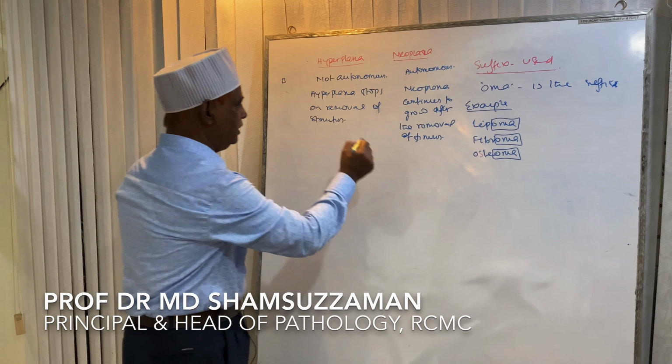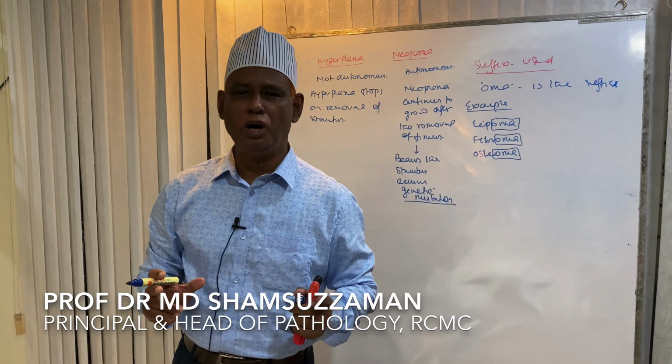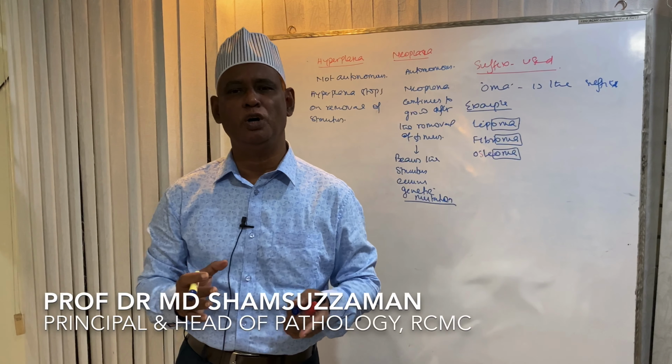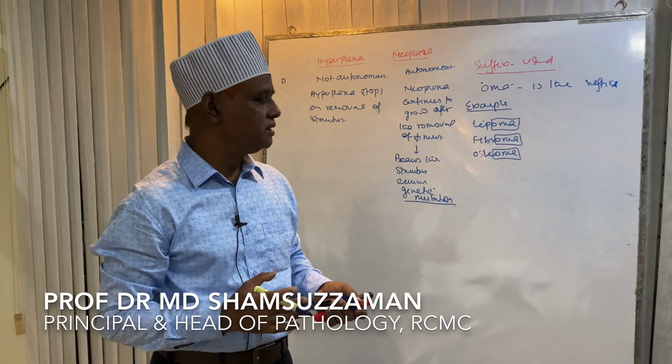So neoplasm continues. Dear audience, the basis of tumorigenesis, the basis of carcinogenesis, is genetic mutation. As in neoplasia there is genetic mutation, after removal of the stimulus it continues, so it is autonomous.